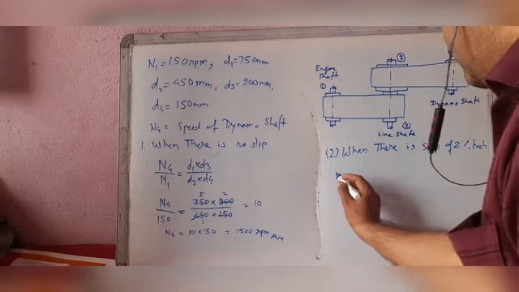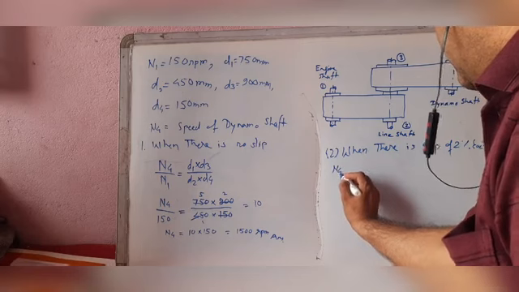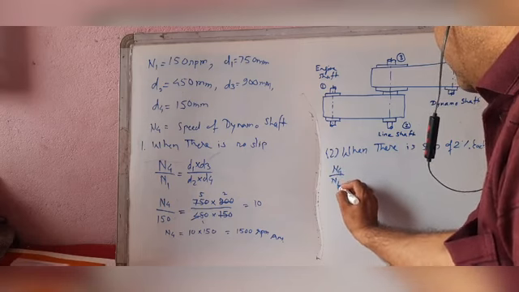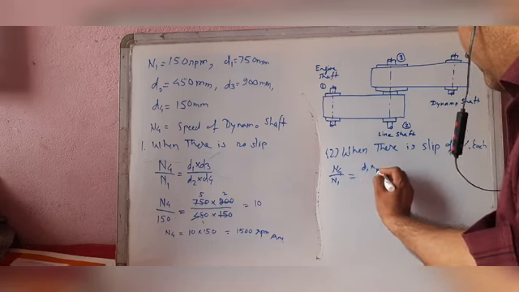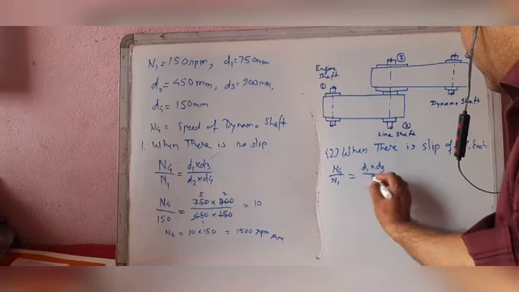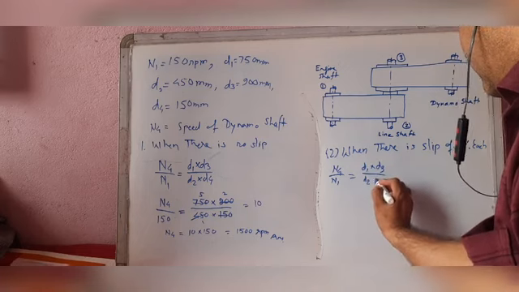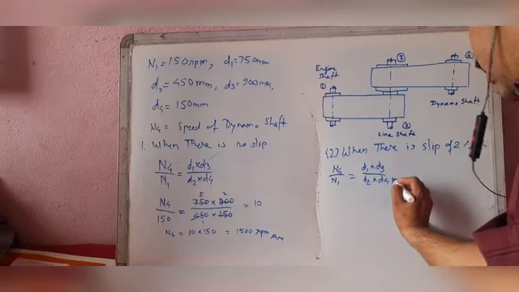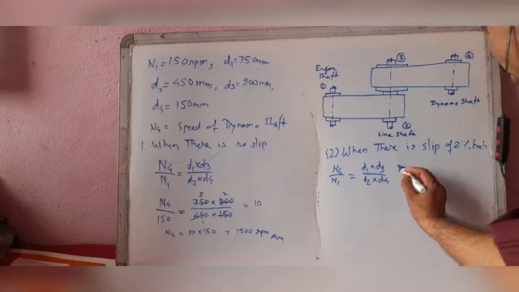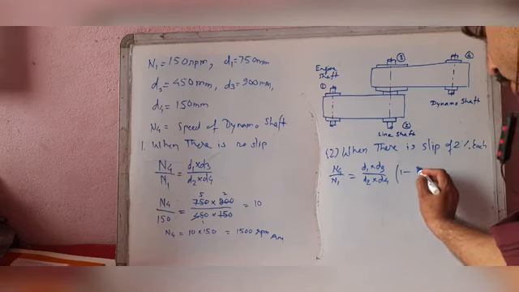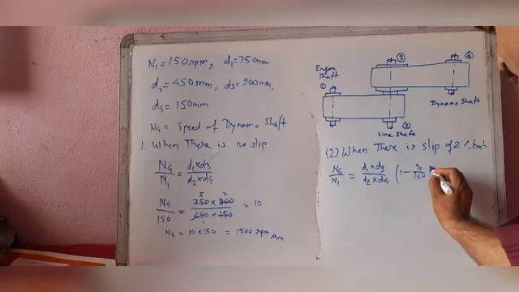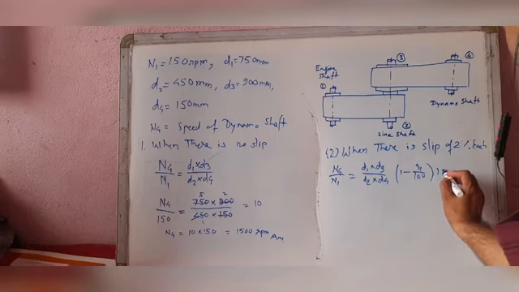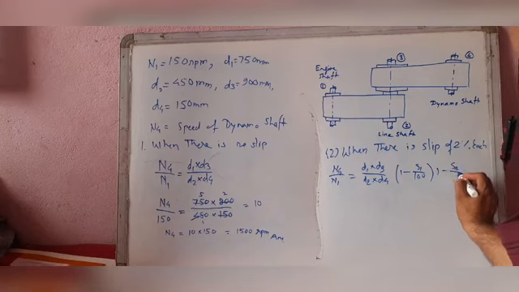So we know that N4 by N1 equal to D1 into D3 by D2 into D4, multiplied by 1 minus S1 by 100, into 1 minus S2 by 100.